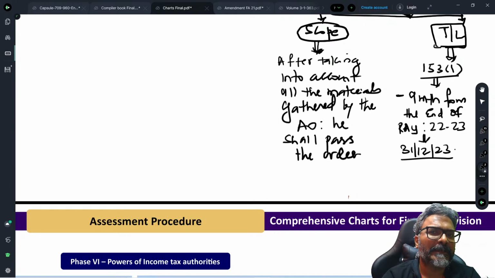He will take into account all the materials which he has gathered, and by virtue of those materials, he is going to pass the order. Is he going to pass the order by virtue of those materials? And the answer is yes, he is going to pass the order by virtue of those particular materials. Is that clear to all of you?